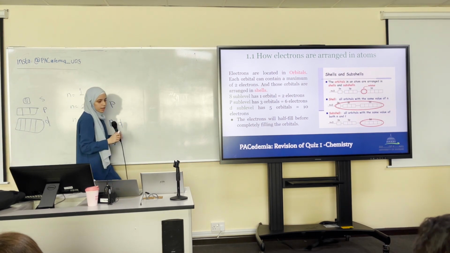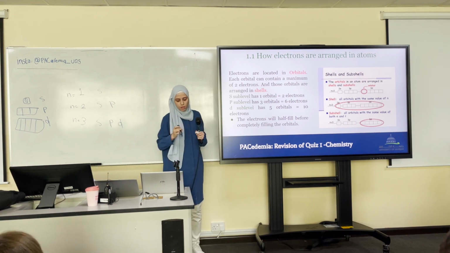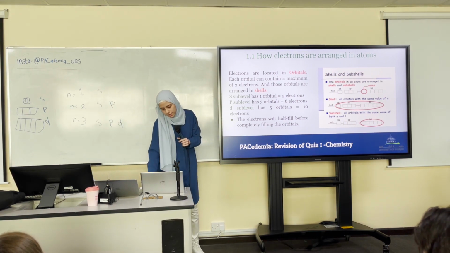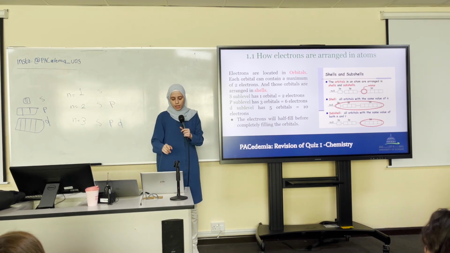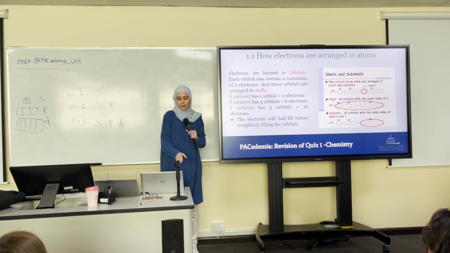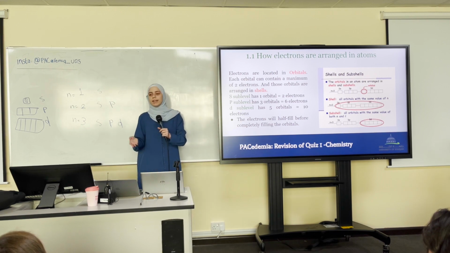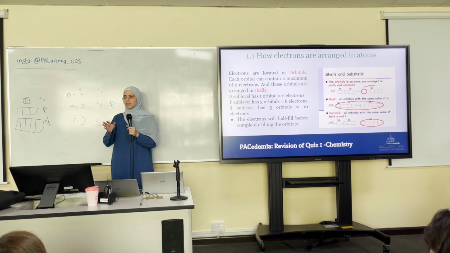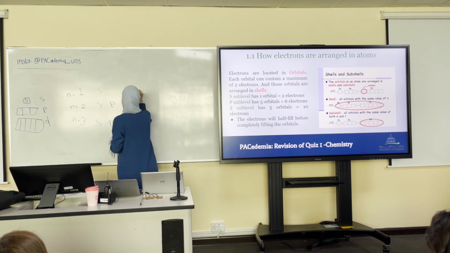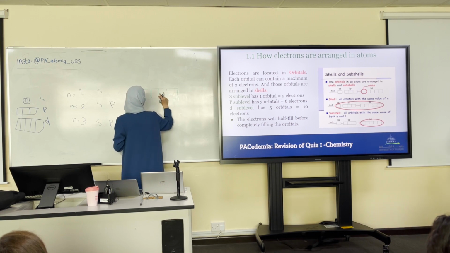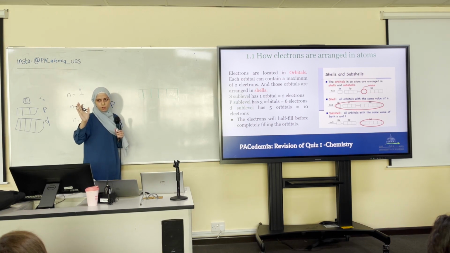Now, when you get a question about electrons, I don't think you will get one about the orbitals, but you will get one about the subshells for sure. The electrons will half fill the orbitals before completely filling them. What does this mean? Let's say you have 9 electrons.